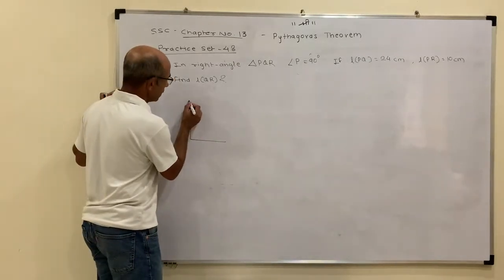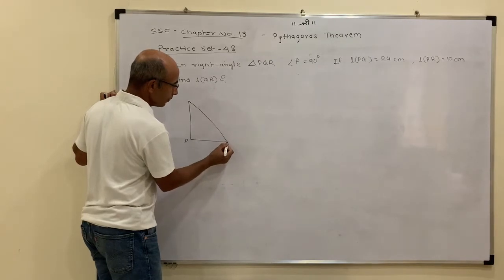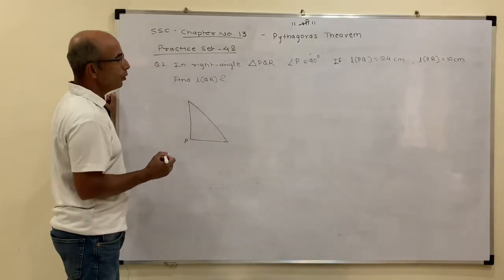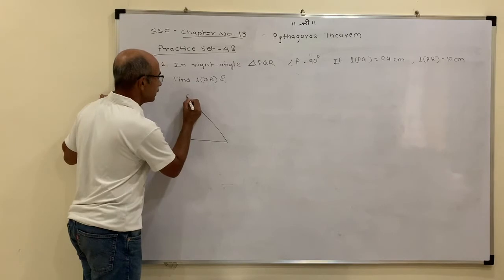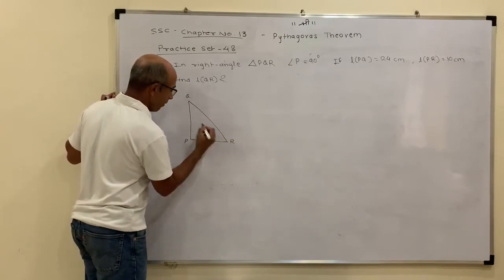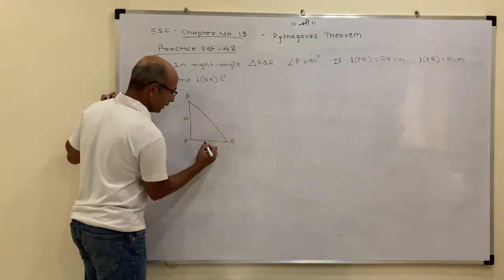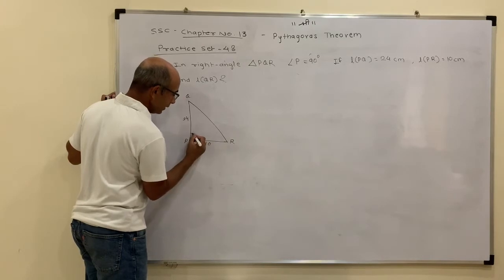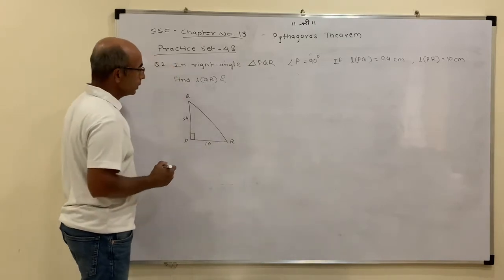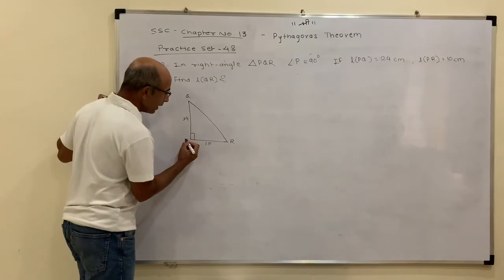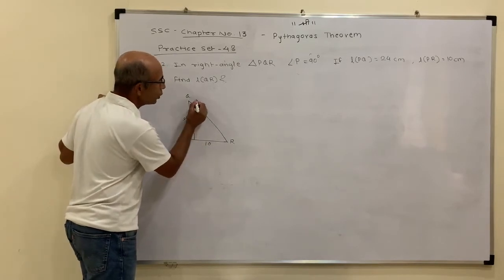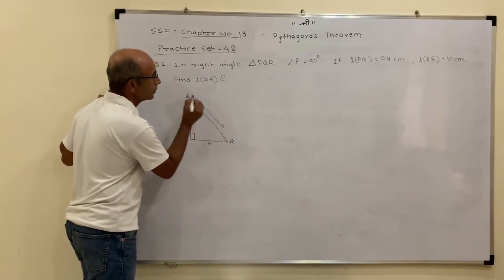Length PQ, so we connect this one. PQ is 24. So if I say Q here, R here, this is 24. This is 10. Here is my right angle. So since P is my right angle, my QR is the hypotenuse.